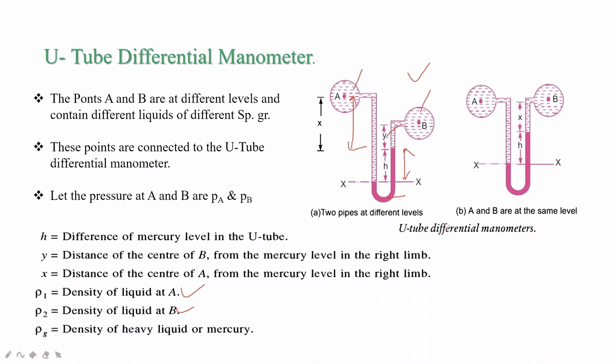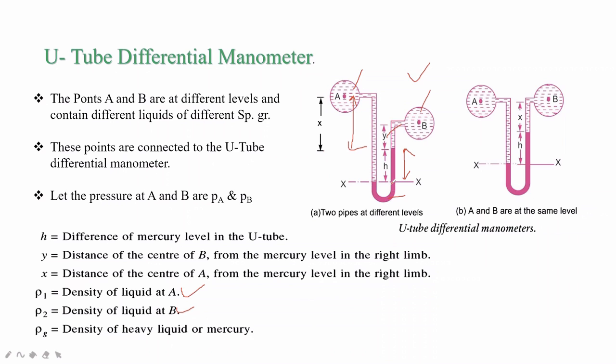Next, what can we do? Here they have already taken the datum line at xx. Same as we did in the earlier slides, pressure in the left limb is equal to pressure in the right limb. We are doing that only, but we will consider some equilibrium.